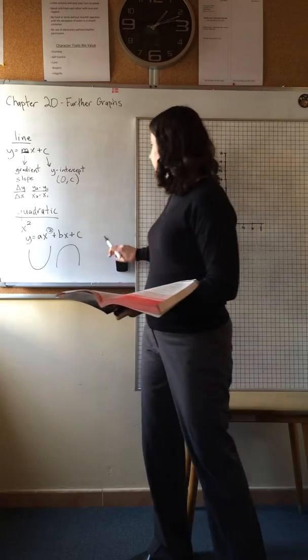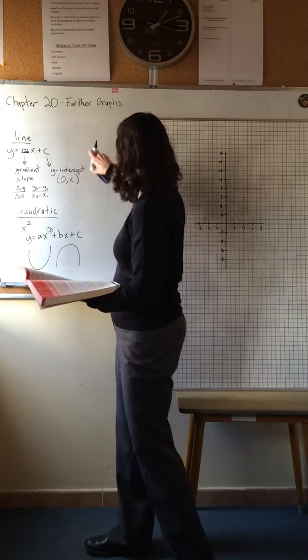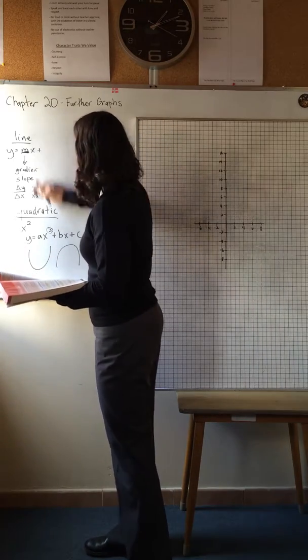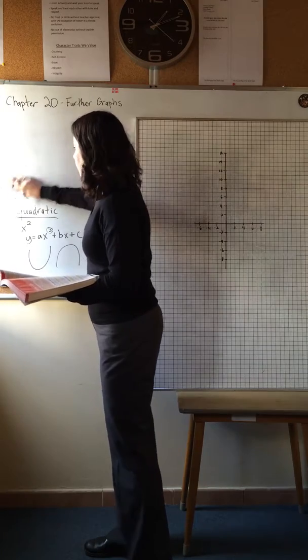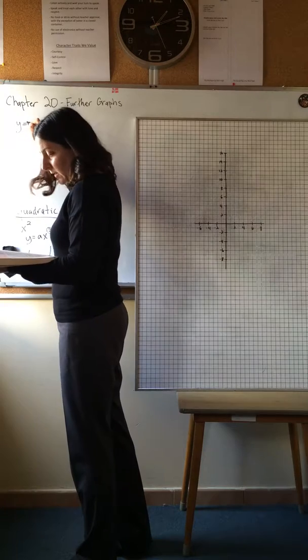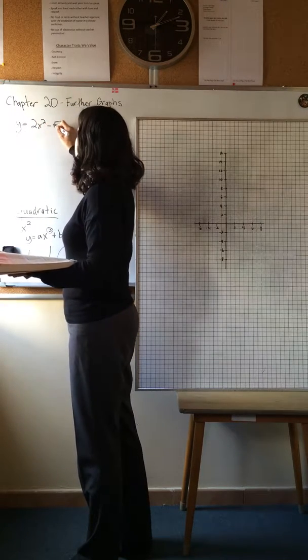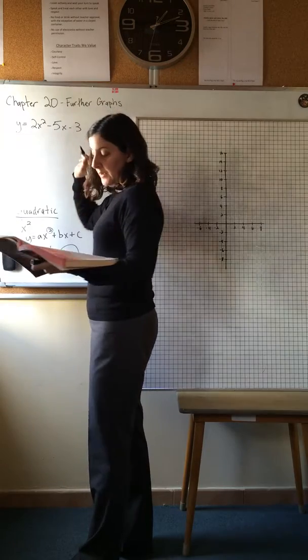So in the example they're giving you, they're asking you to plot this equation on a graph. They're giving you the equation y equals 2x squared minus 5x minus 3.